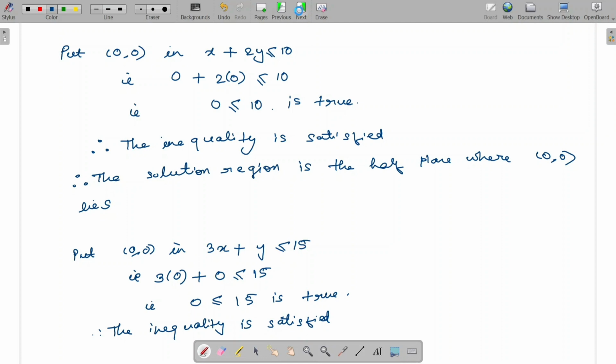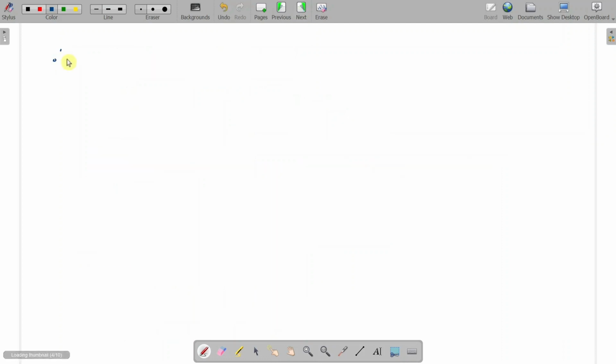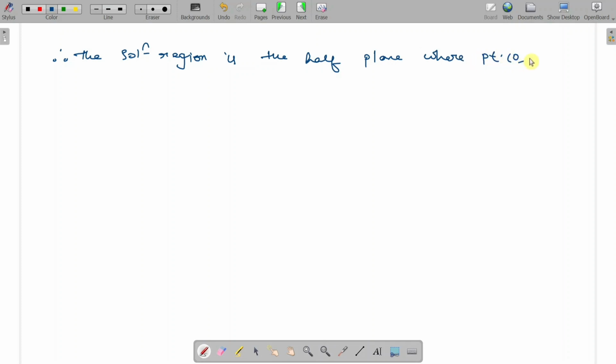Right, therefore the solution region is the half plane where the point, that is the origin, 0 comma 0 lies.